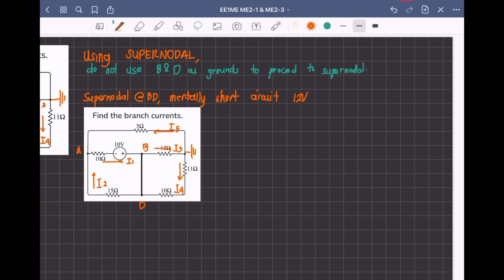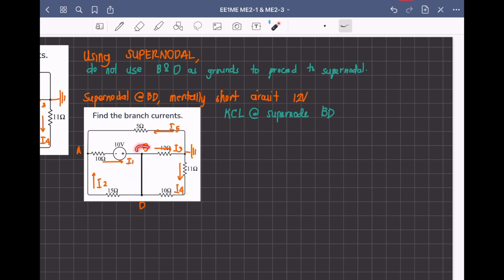So, always start your KCL at the branch considered, at the node considered a supernode. Therefore, we're going to KCL at supernode BD. So, B and D is now known as a supernode because they are a common node. Ibig sabihin, kapag nag-KCL ka dito, lahat ng nakakabit sa kanilang branch, yun ang mga kuryenteng kukuhanin nyo.